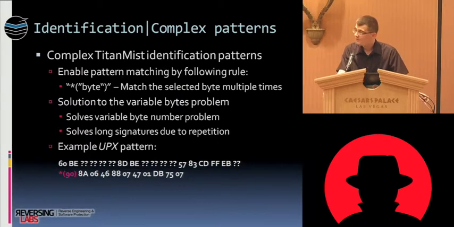So for the previous sample, that would match NOP, or byte value 90, for as long as there are NOPs, and after that it will just continue pattern matching. This solves a couple of problems. This solves a problem where we have bytes that repeat each other, but we don't know the exact number of repetitions, and this solves the problem of having too long signatures in our database. So that's the first problem we tried to solve, and that's how you apply it to the previous sample.